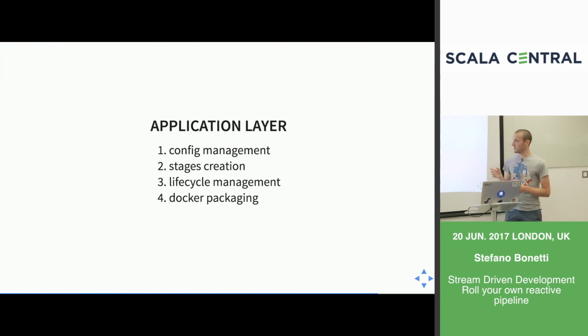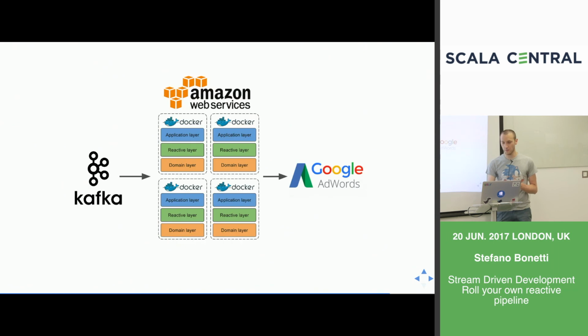We want this layer to be responsible for restarting the stream in case anything very catastrophic happens. We want it to package the pipeline in a Docker container. This is particularly important as Docker packaging allows us to scale even more, as we can deploy as many feeds like these as we can in the cloud.